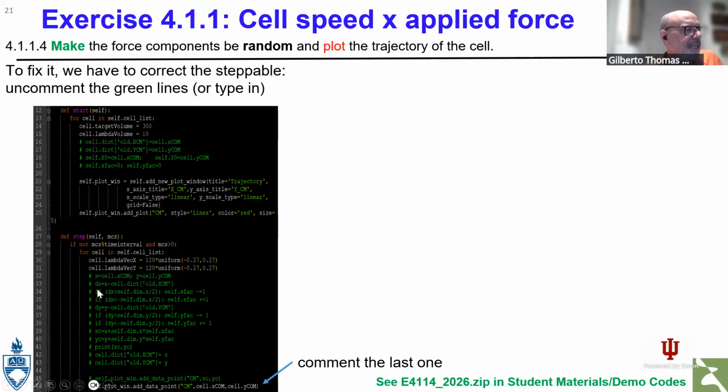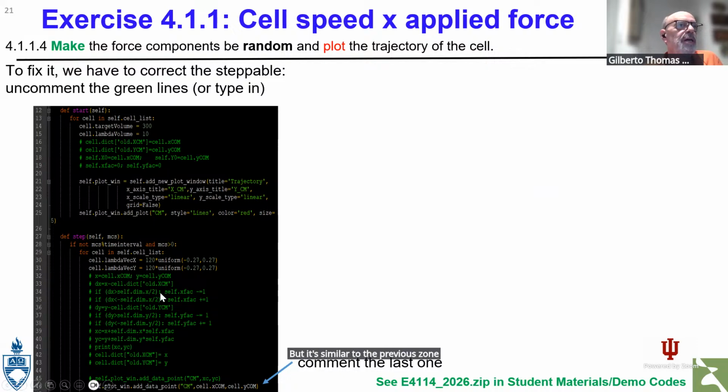This small routine here in green in the steppable is the correction for the position of the trajectory. We don't have much time to go over it, but it's similar to the previous one.